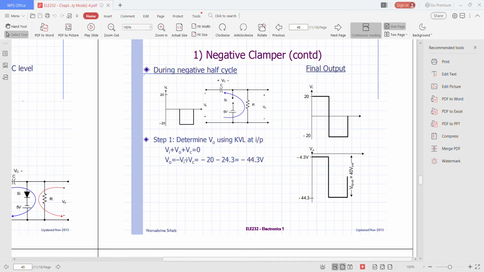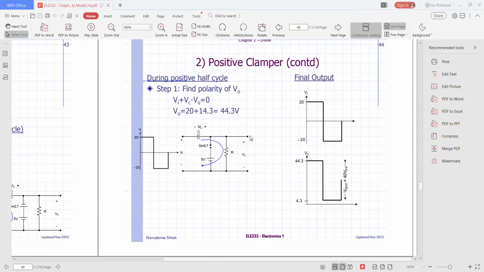After you substitute all the values in the equation, you will get minus 20, minus 24.3, and this will be equal to minus 44.3 volt. So here are the output and also input signal. This is the input and this is the output signal generated from the analysis.